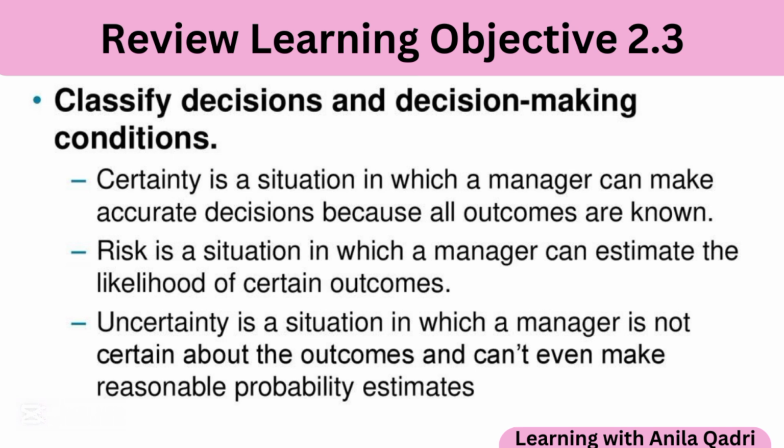Risk is a situation in which a manager can estimate the likelihood of certain outcomes. Uncertainty is a situation in which a manager is not certain about the outcomes and can't even make reasonable probability estimates.